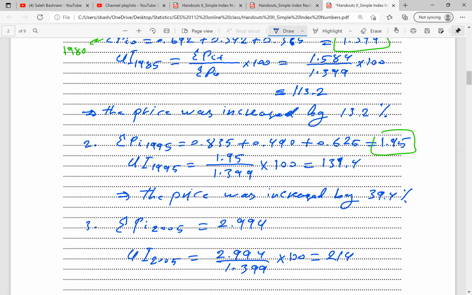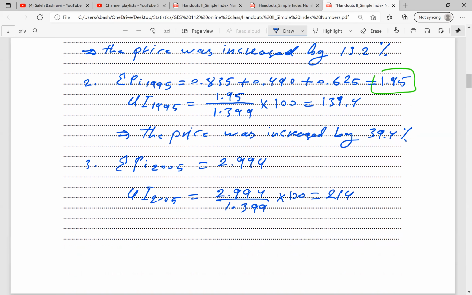It's 214, which means the price was increased by 114%.